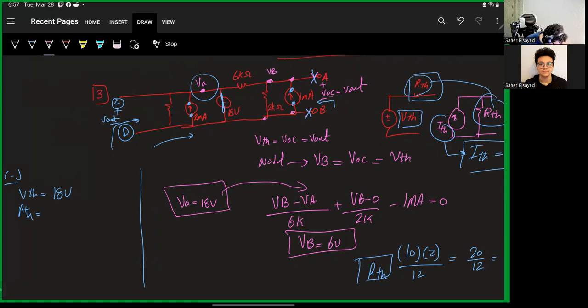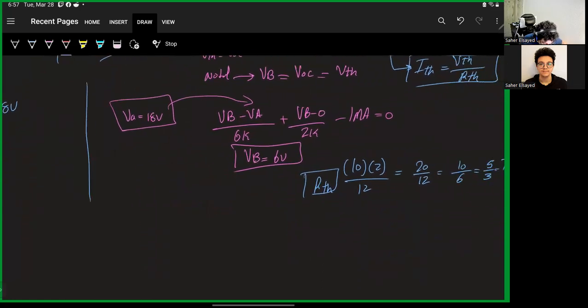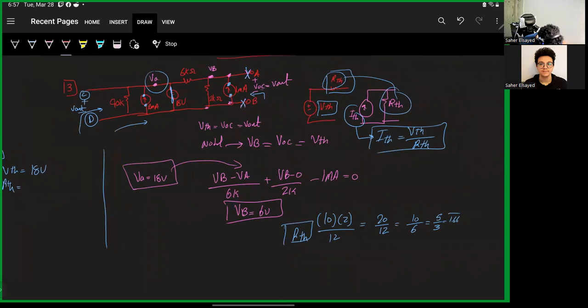Oh, sorry. 40. Okay. Wait, so R Thevenin here is what? It's not 10 anymore. It's 40K. 40K plus 6. That's 46K. 46 in parallel with the 2.